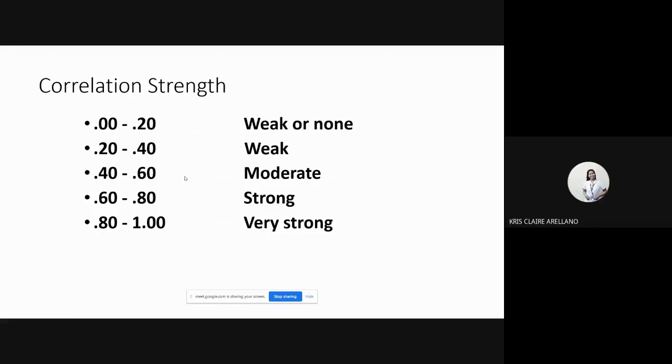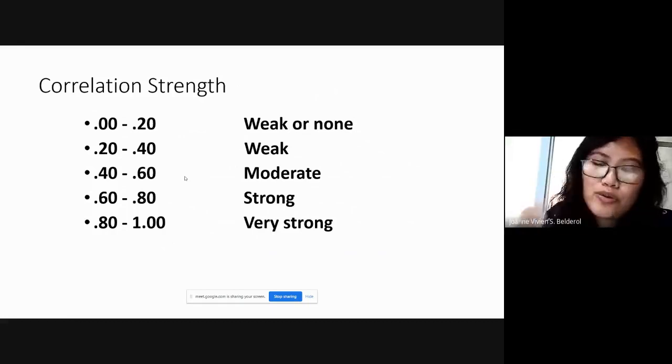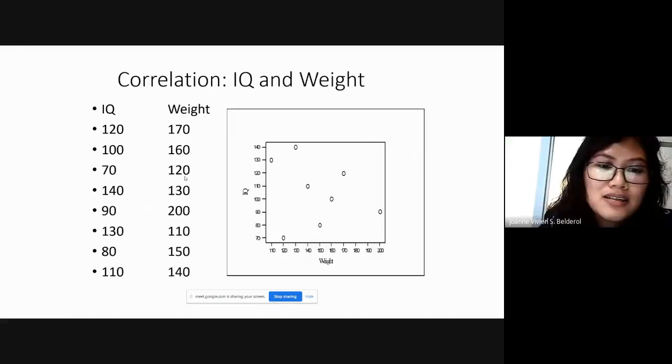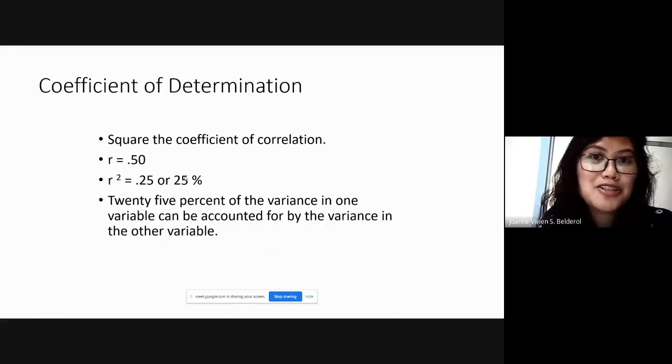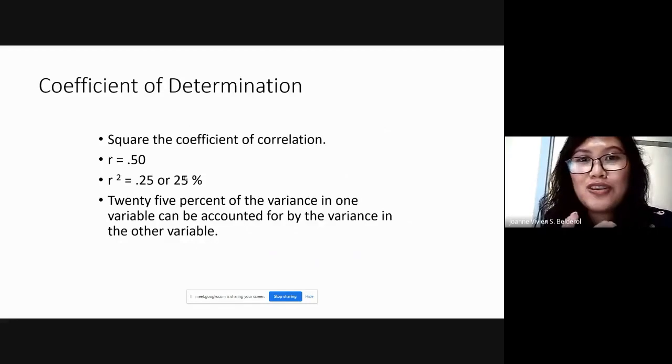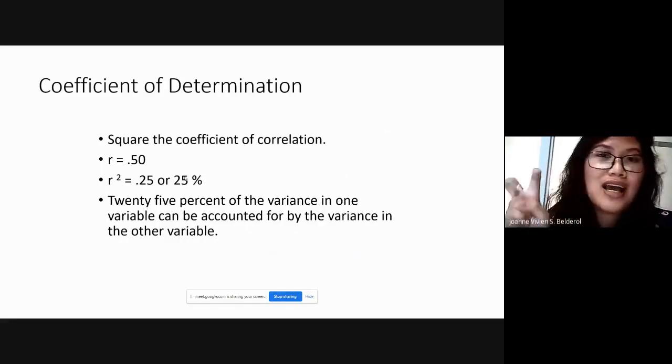Moderate. Very good. So we say that 0.50 is a positive moderate relationship, or moderately positive. You should state both the direction and the strength.